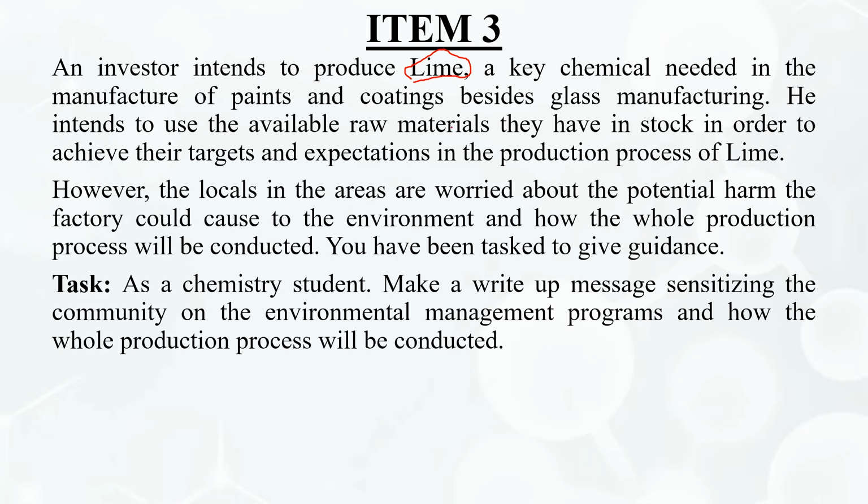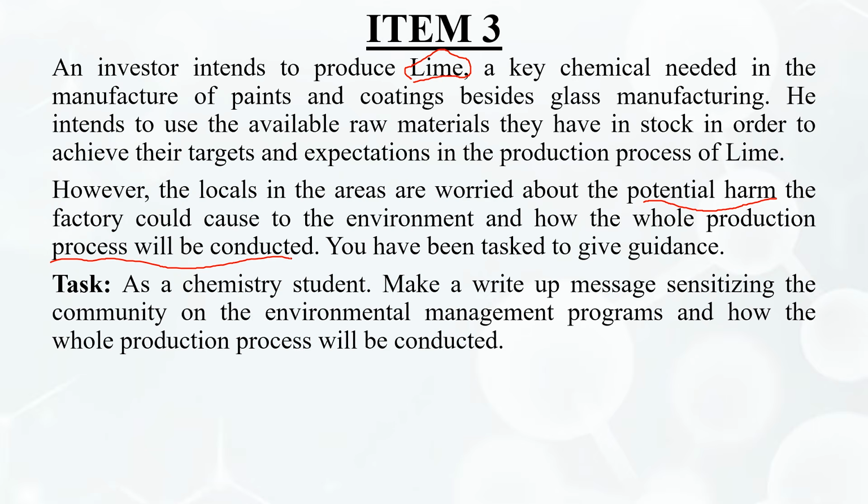He intends to use available raw materials they have in stock, but locals are worried about the potential harm, I think the side effects, and how the whole process can be conducted. That is the production process. So you have been invited to make a write-up. In simple terms, we are going to see how lime can be manufactured.